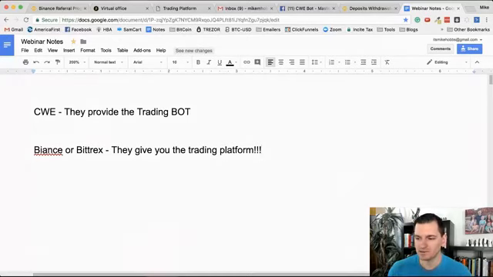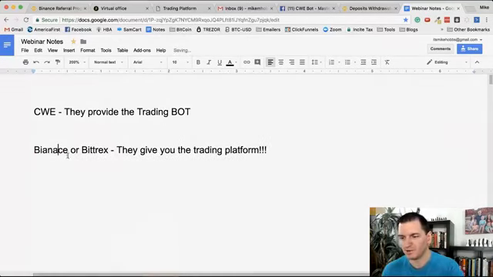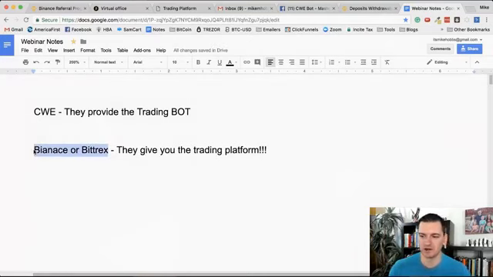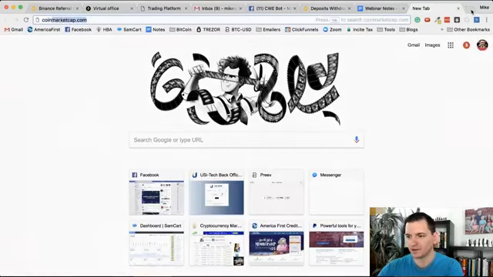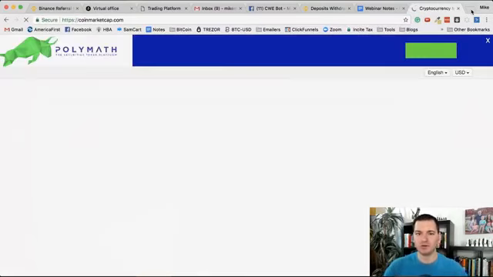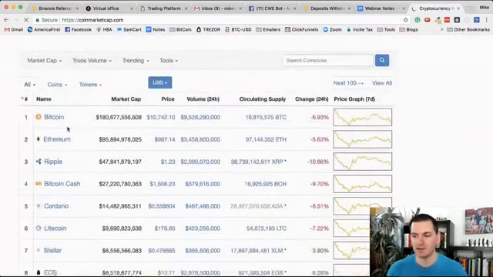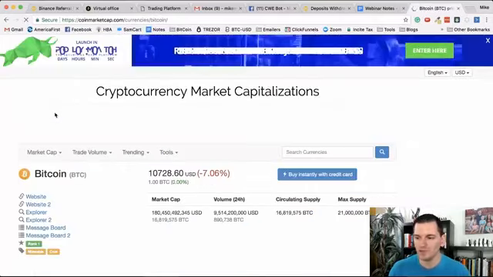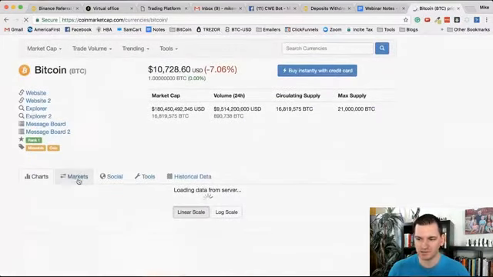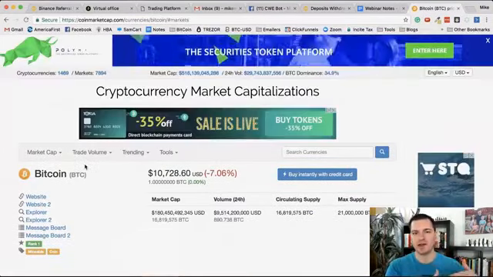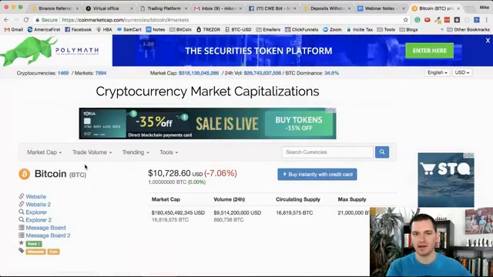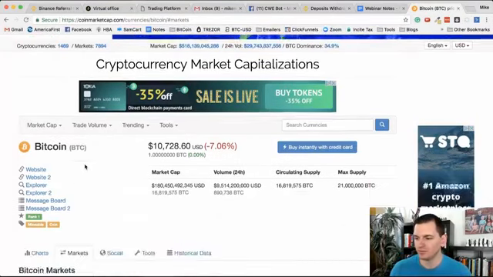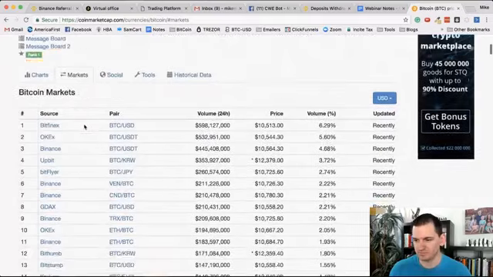Binance, I don't even know if I'm spelling that right, or Bittrex, which are very popular trading exchanges. Let me just go over to CoinMarketCap. If you look on any coin, say we click on Bitcoin, and then you click on markets, you will see the different trading exchanges they are trading on. For example, look at this.